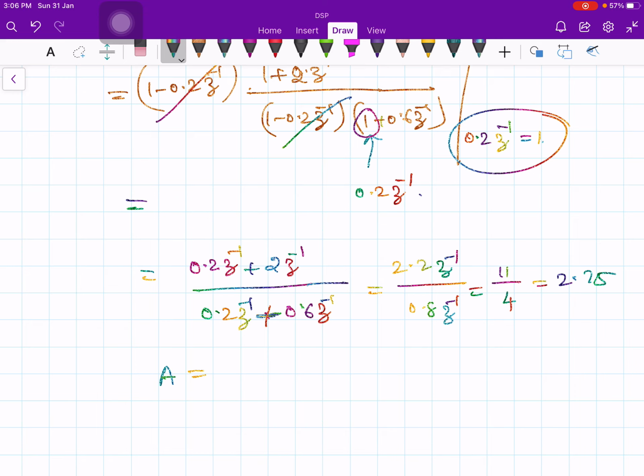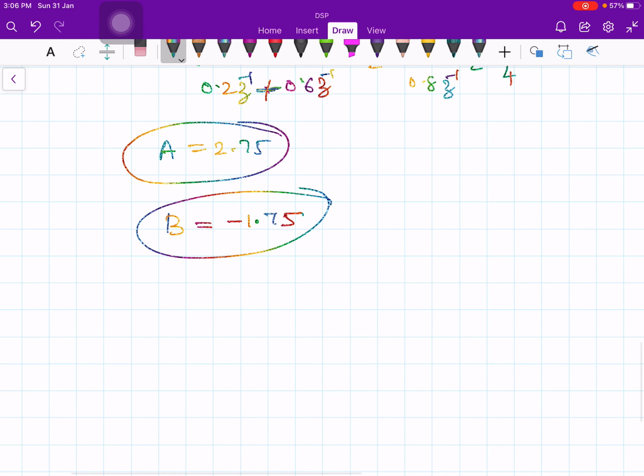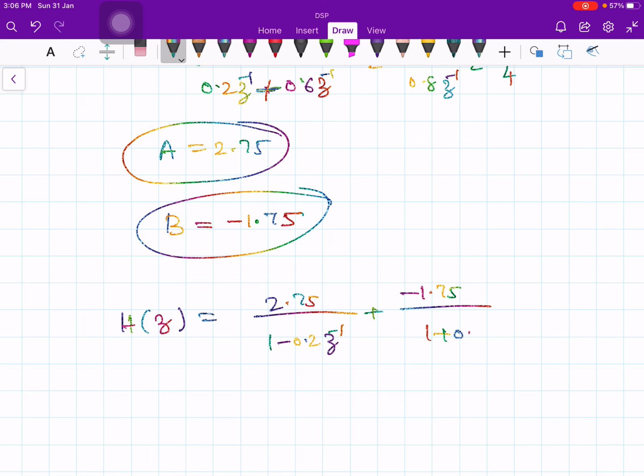So if you substitute these values of A and B in the above expression, then H of z is equal to 2.75 divided by 1 minus 0.2 z inverse plus minus 1.75 divided by 1 plus 0.6 z inverse.